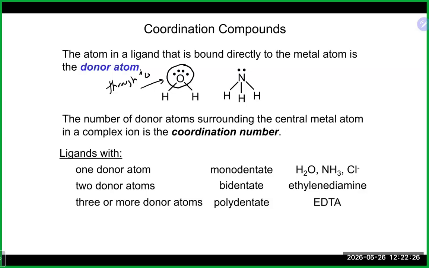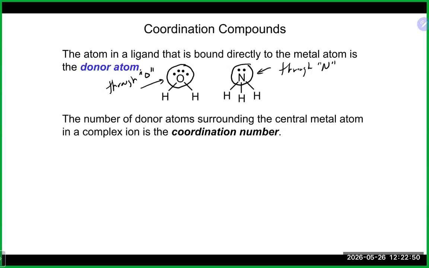Or the NH3 will only attach to the metal through the nitrogen. That means in each of these cases, we basically get a one-for-one in terms of ligands and coordination numbers.